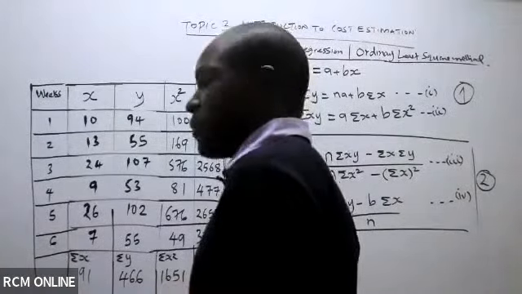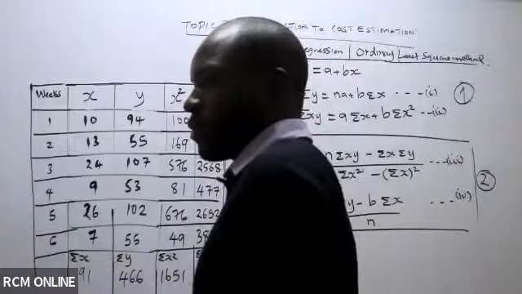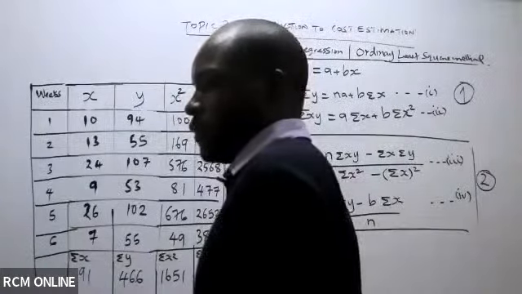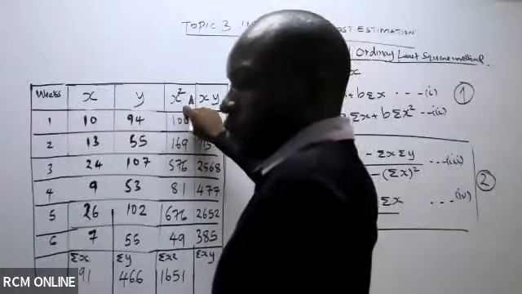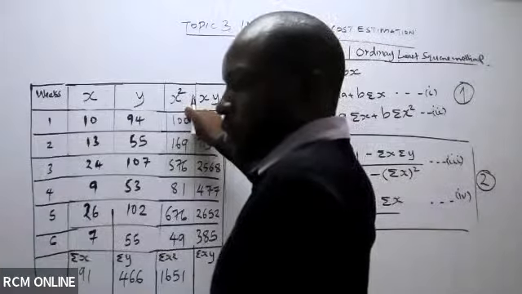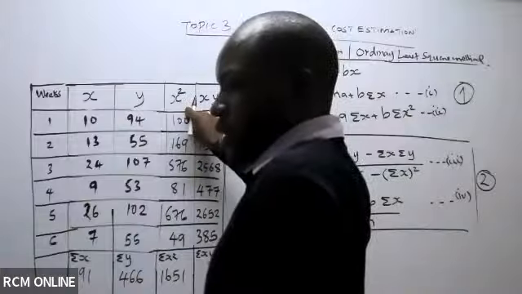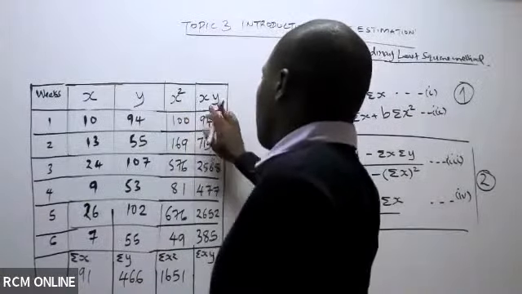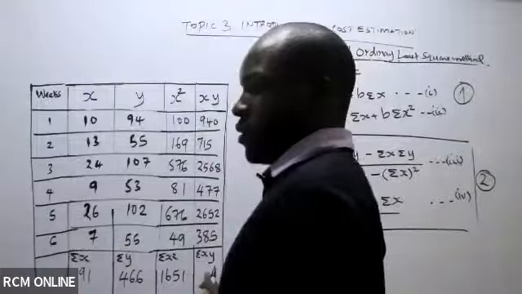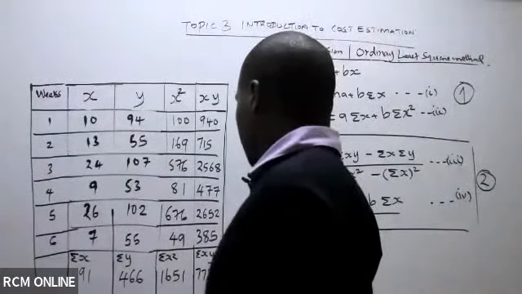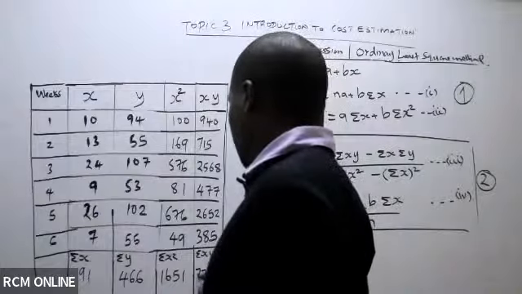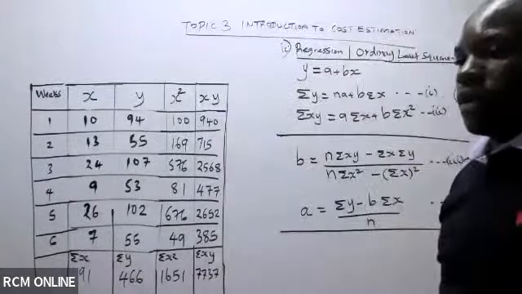Someone to confirm? 1651, is that the total? X squared, 1651, good. How about xy? 7737. Good.